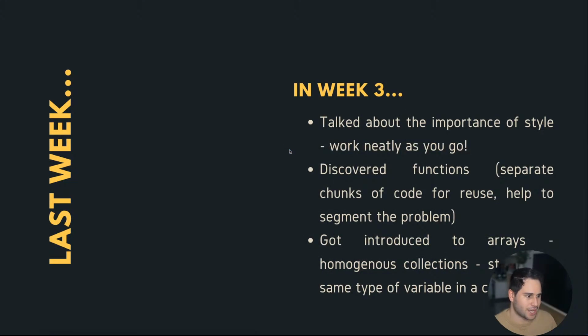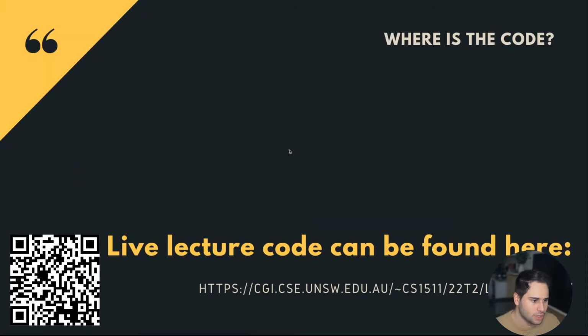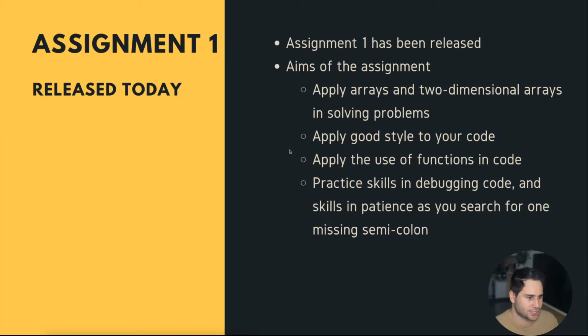Okay, 2D arrays. So what are we talking about here? Okay, we don't need to go over a recap of this. You've already got the link to the lecture code. We've released assignment 1. I'm sure you've all had a look at it and probably already started it. It's really important. The assignment focuses on arrays and two-dimensional arrays to solve problems.